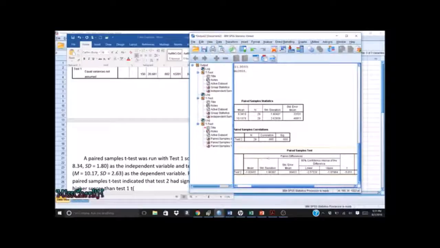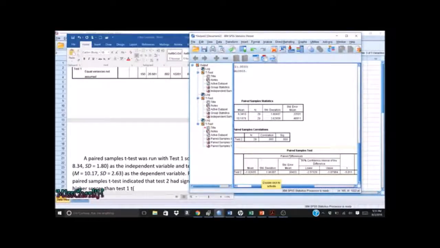Now the first thing I see when I'm looking at this output box, these are the differences. So no one's average was a negative 1.8. That's actually the difference. If you take 8.34 and subtract 10.16, the difference is 1.82 or negative 1.82.